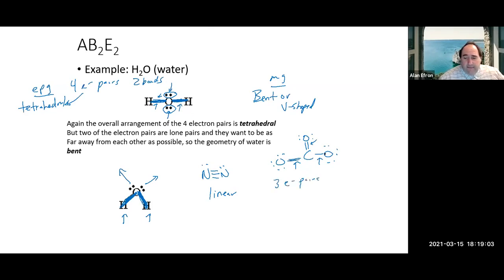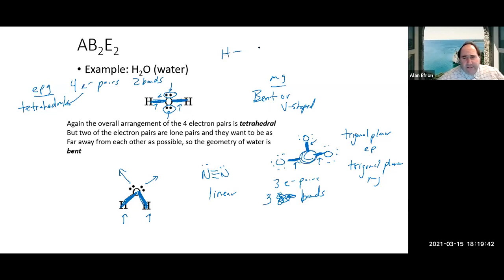Has 1 bond here, 2 bonds here, and again this double bond only counts for the purpose of geometry as 1. That is 3 electron pairs, 3 bonds. That is going to mean that the electron pair geometry is going to be trigonal planar. And the molecular geometry will also be the same name. And again, I know it's the same name because there are no dots on the central atom. So again, they're going to be the same.